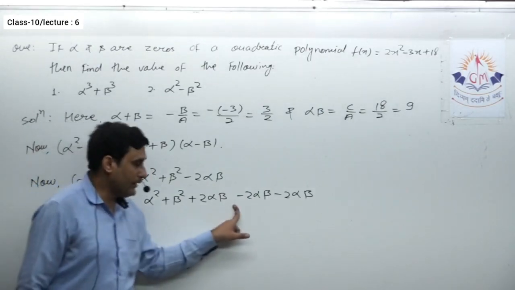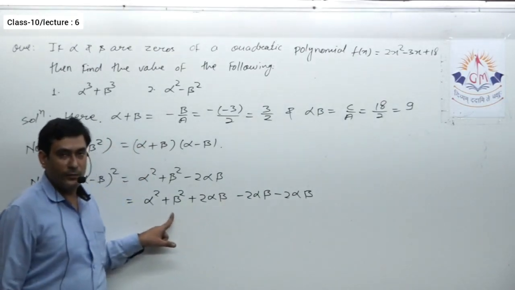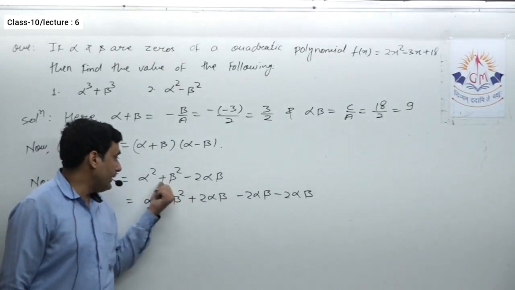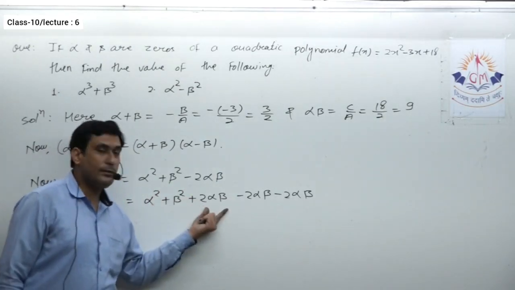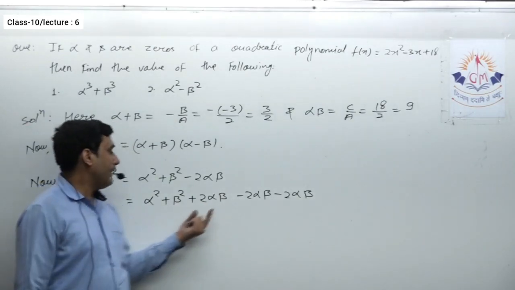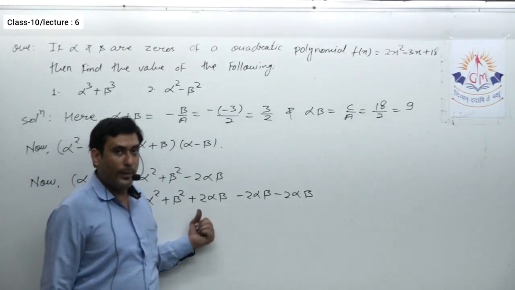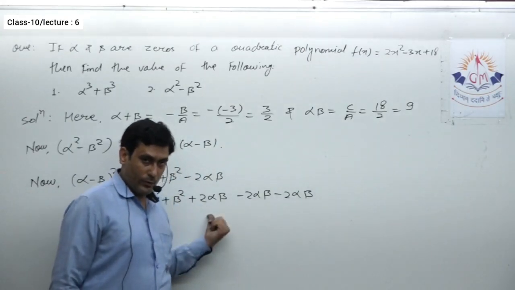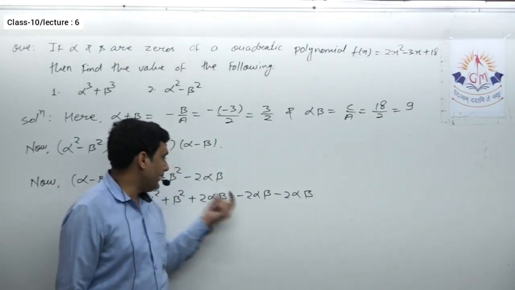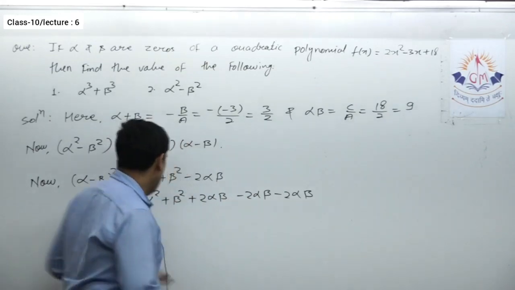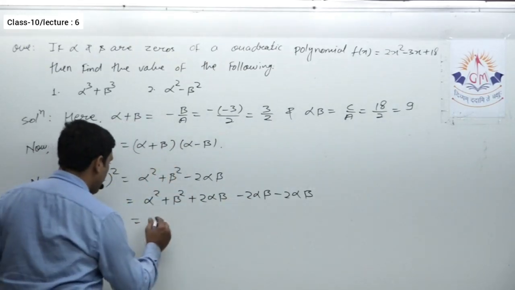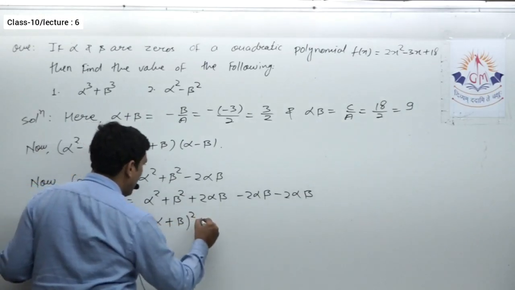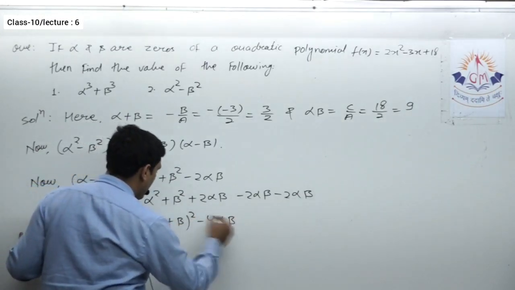To get it, I need to add 2 alpha beta, and as I added this extra on my own, I subtract it. So this becomes (alpha plus beta) whole square minus 4 alpha beta.